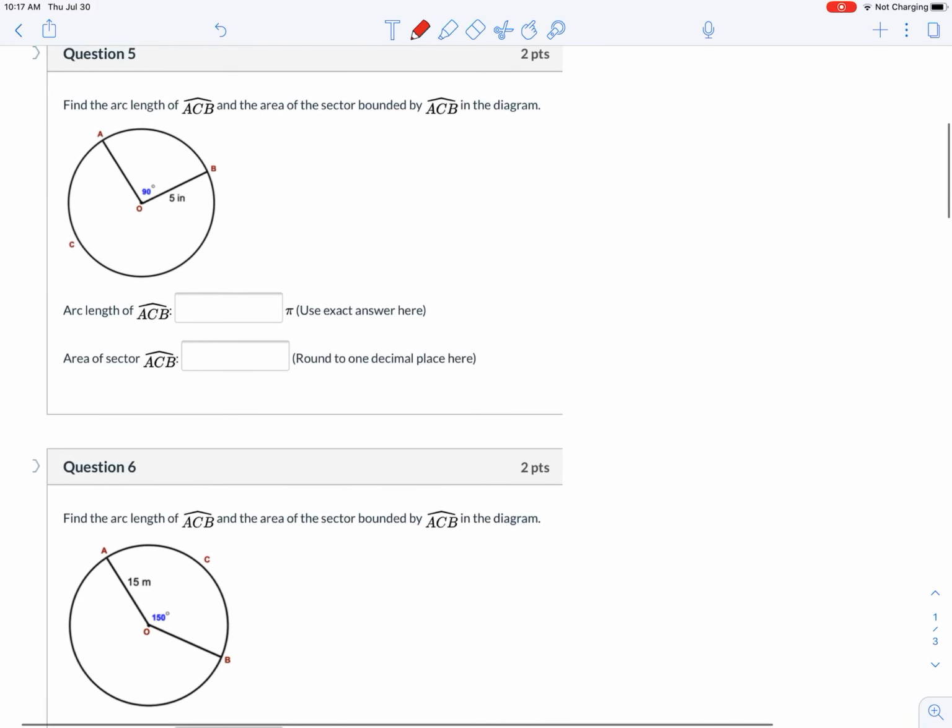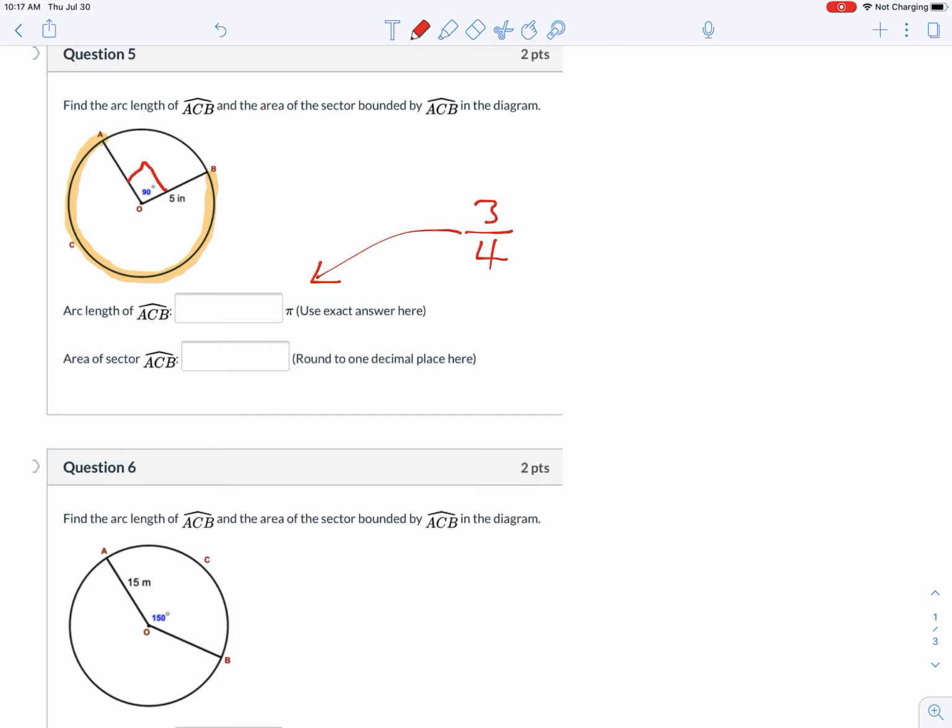Number 5, the arc of ACB. This is going to be nice. It's just a quarter of a sector. So ACB, which is this thing out here, is going to be 3/4 of the whole circumference. Circumference is pi times diameter, and that is 10 inches diameter, so 10 pi.